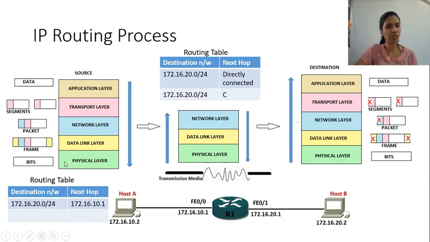The next hop information along with the packet moves to the lower part of the network layer, in which we have got the ARP protocol present. ARP is Address Resolution Protocol. Address Resolution Protocol is going to resolve the next hop IP address to the next hop MAC address.